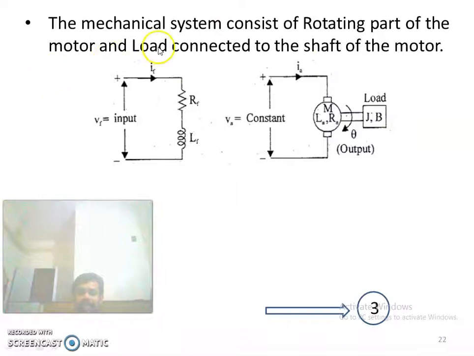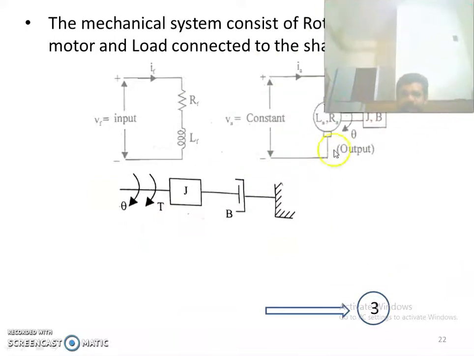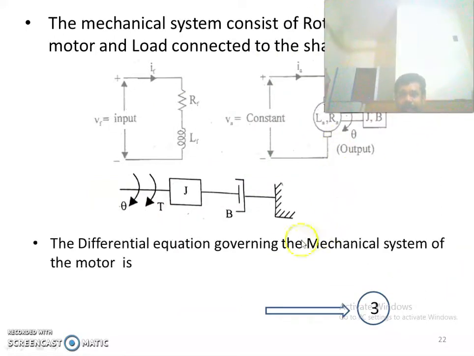The mechanical system consists of a rotating part of the motor and the load connected to the shaft of the motor. Now, this is the mechanical model of the motor. Now we are going to write the differential equation governing the mechanical system of motor.